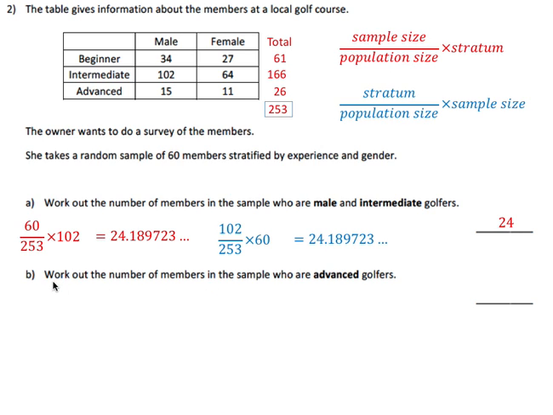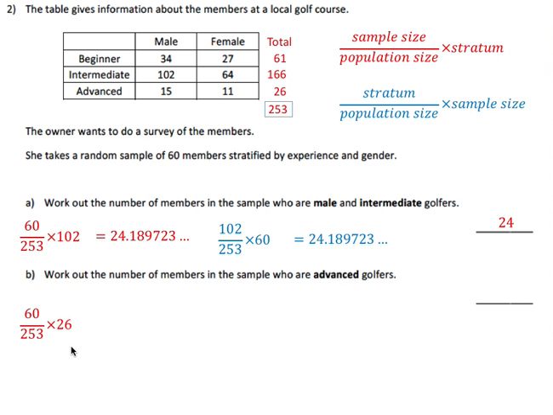Okay, the next one wants us to work out the number of members in the sample who are advanced golfers. So again, we could do the sample size divided by the population times by the number of advanced golfers. Now this is not 102 this time. The number of advanced golfers altogether is 26.